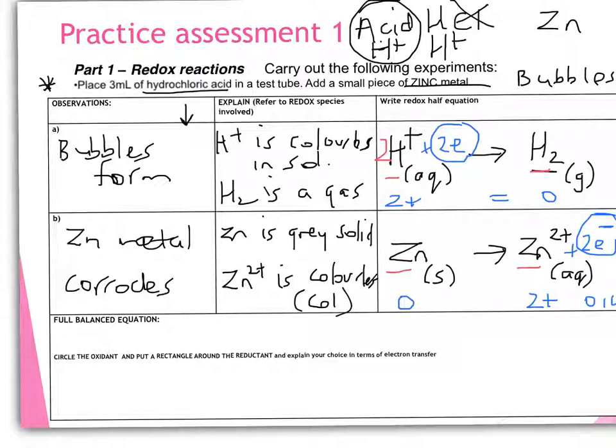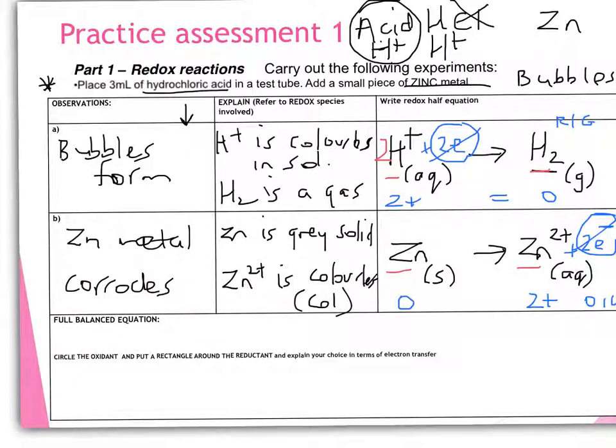Oxidation is loss and reduction is gain. So I've had electrons added here, so this is the reduction. Okay, so I look at it and I see there's 2 electrons on the left and 2 electrons on the right, so I don't need to multiply any of them. They can be added directly together to make the full balanced equation.